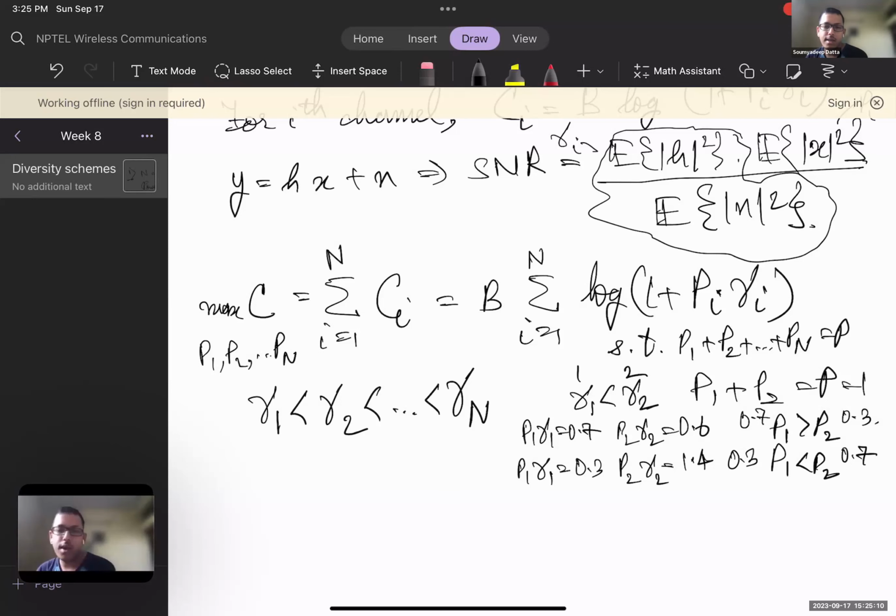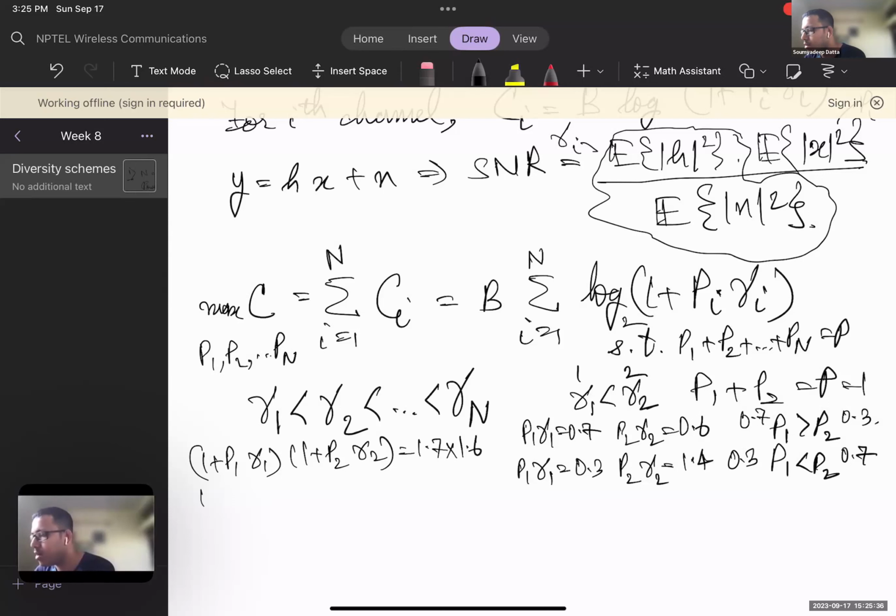So if you crudely see, maximizing log of some quantity means maximizing the product, right? Because if you add logarithms, that means in the argument you are maximizing the product. So 1 plus P1 gamma 1 times 1 plus P2 gamma 2 in the first case will be something like 1.7 times 1.6.